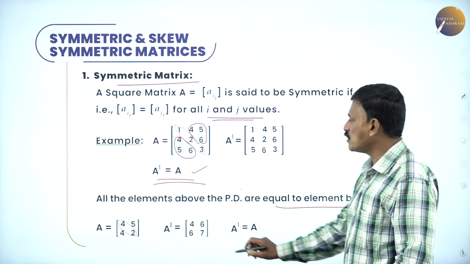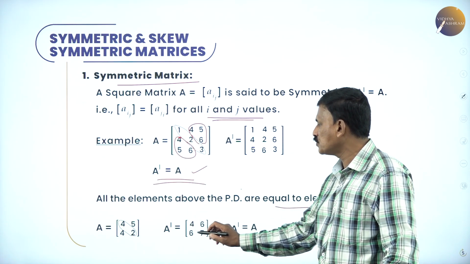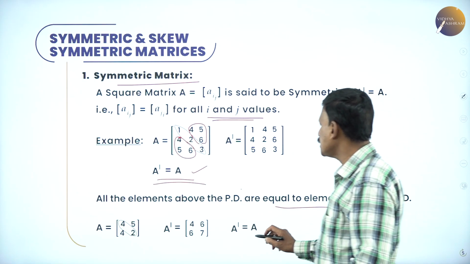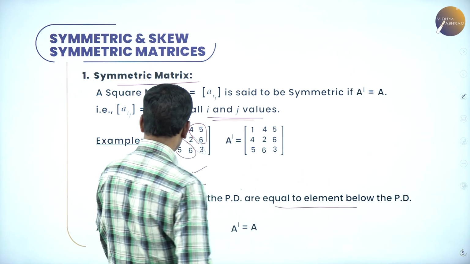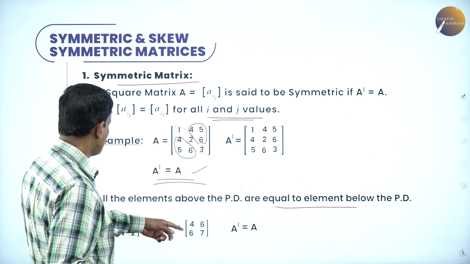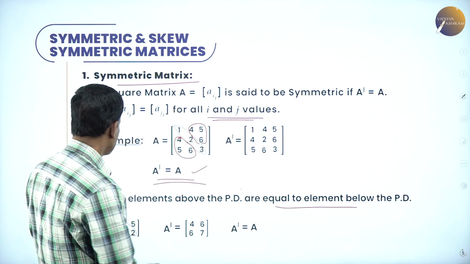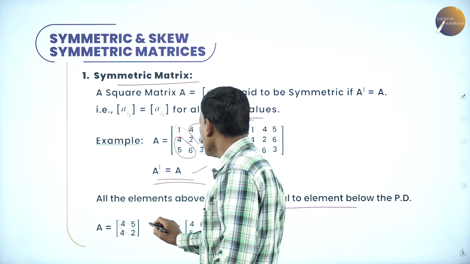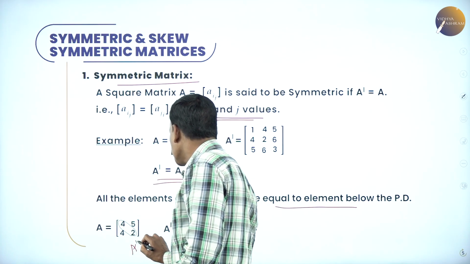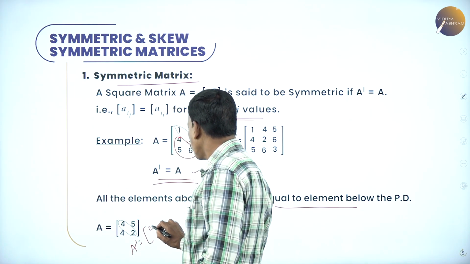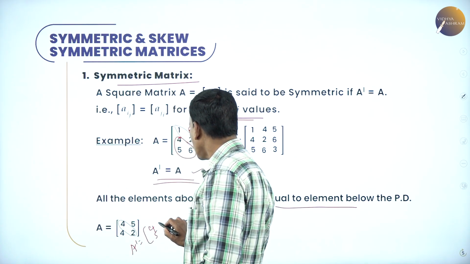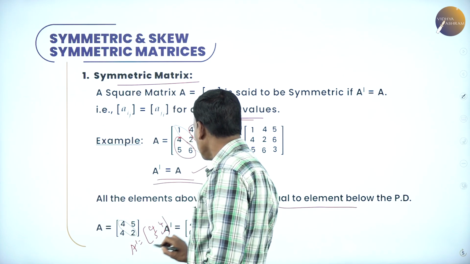Let us take another example. If A is equal to 4, 5, 4, 2, then the transpose of this, A dash, is equal to 4, 5, 4, 2, the same.